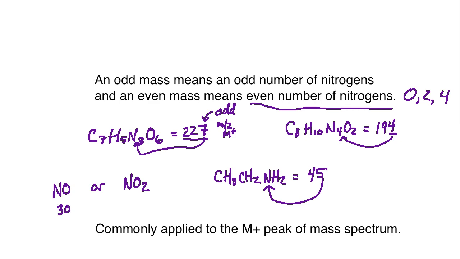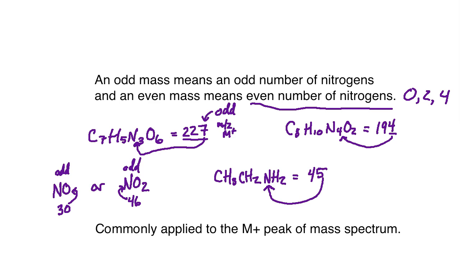And then when you add another 16, you get 46 due to that oxygen. Both of these have even masses, and you only have odd valued nitrogens at 1 apiece. Because this is not considered an organic compound, this would be inorganic, it's already violating the rule even with the simplest of structures.